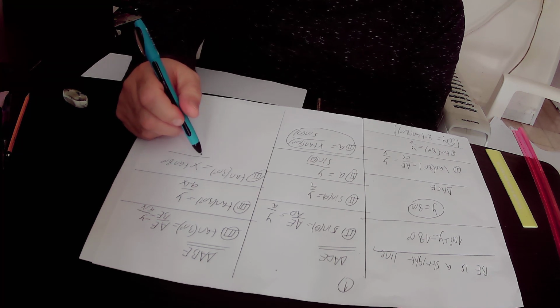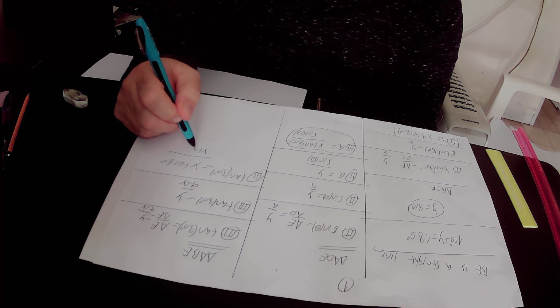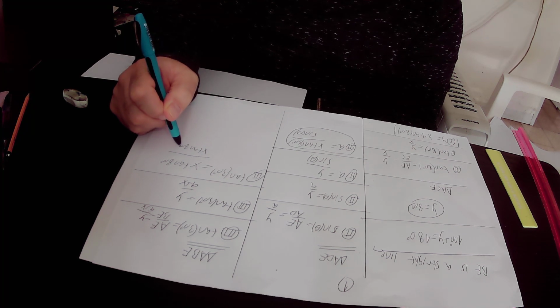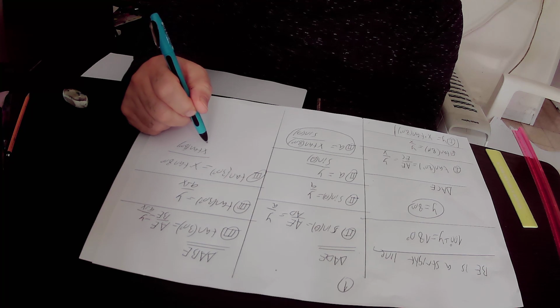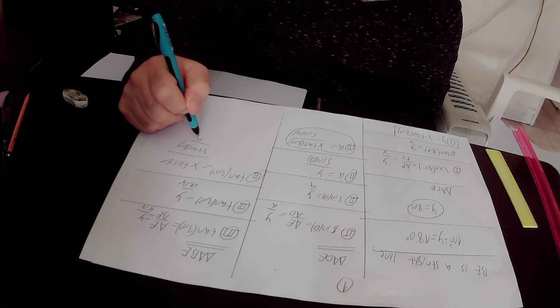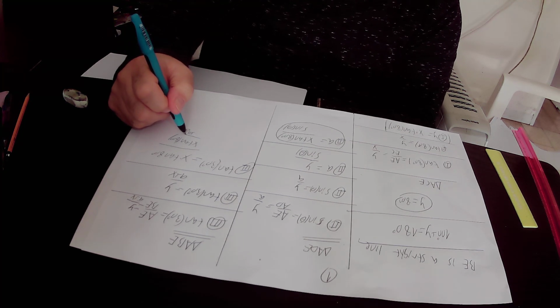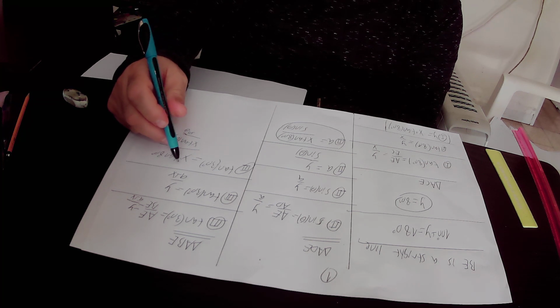A, according to equation number 2, is x tangent 80 degrees over sinus theta, which is a plus x.